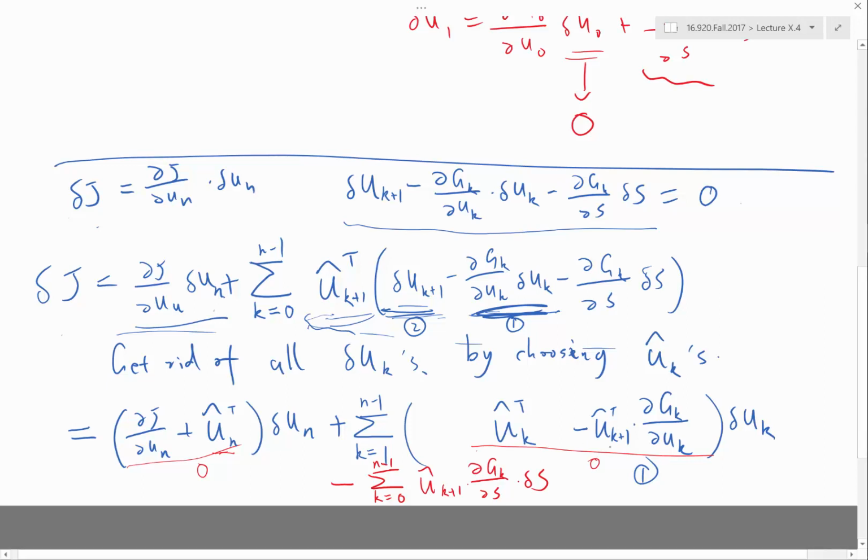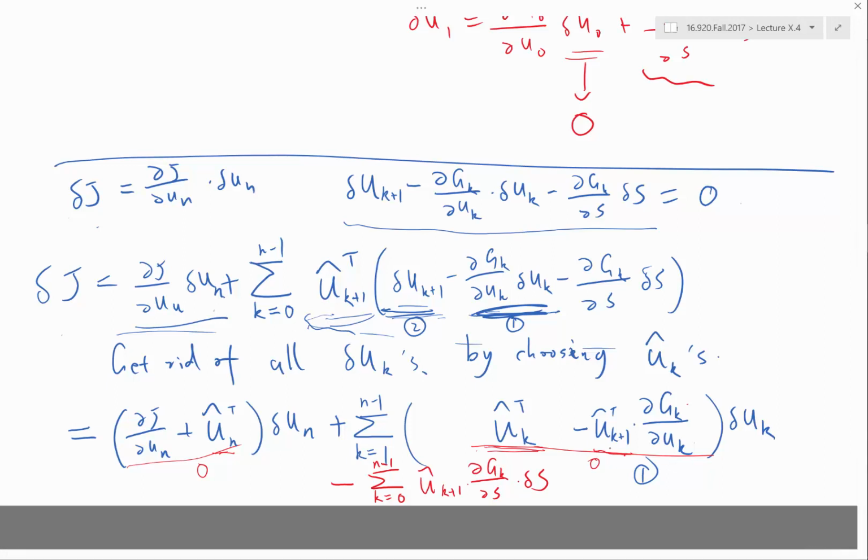We see that, okay, I already know u_N. Now I know what u_{N-1}, which is the u_k here, has to be in order to have delta u_{N-1} eliminated. That û_{N-1} is equal to the partial g_{N-1} partial u_{N-1} transpose times û_N.